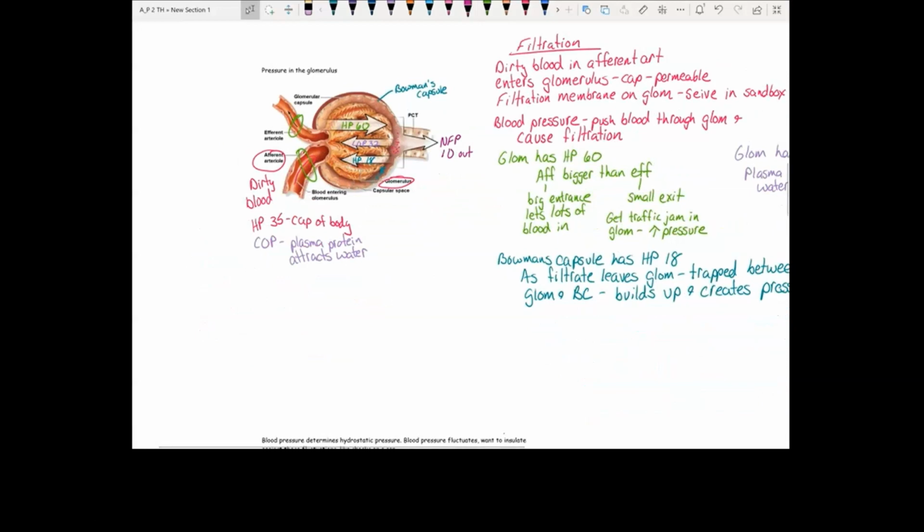This is normal circumstances. If you maintain your net filtration pressure at 10, you will make 2 liters of urine per day. This is a typical healthy adult, nothing strange going on. The average person makes about 2 liters of urine a day, and you do that by having a net filtration pressure of 10.